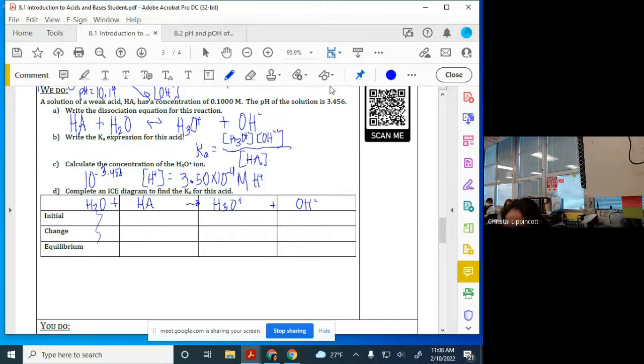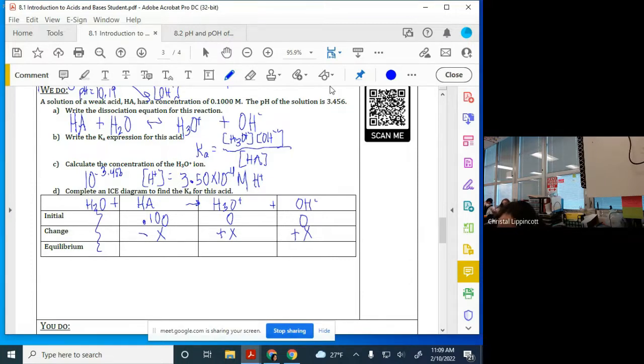That water doesn't matter, we're not going to bother with it, so we can just get rid of that column. My HA, they're telling us, is starting out at 0.1 molar. And when we start, none of this is broken apart yet. So I've got to lose X here, and I'm going to gain X here, and gain X here.